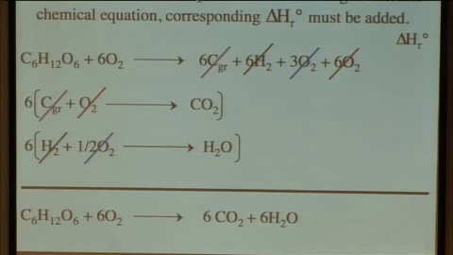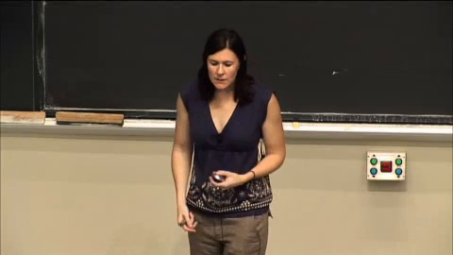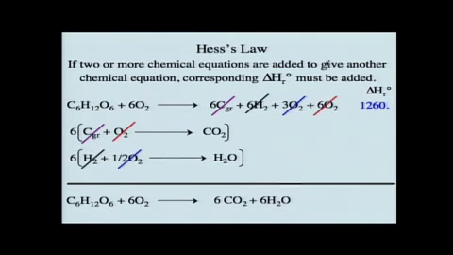So we can go ahead and just add up all of these different reaction enthalpies. In the first case, what we're going to have is an enthalpy of 1260, and that's in kilojoules per mole, or excuse me, per mole of glucose. And the reason that this is positive is because it's essentially the reverse reaction of the change in enthalpy of formation.